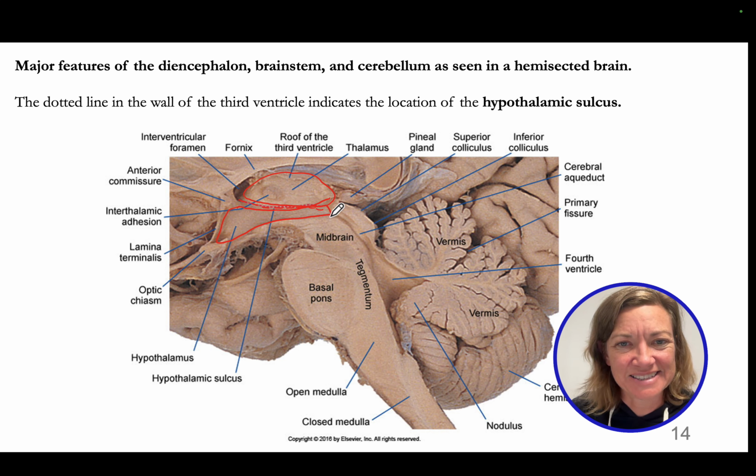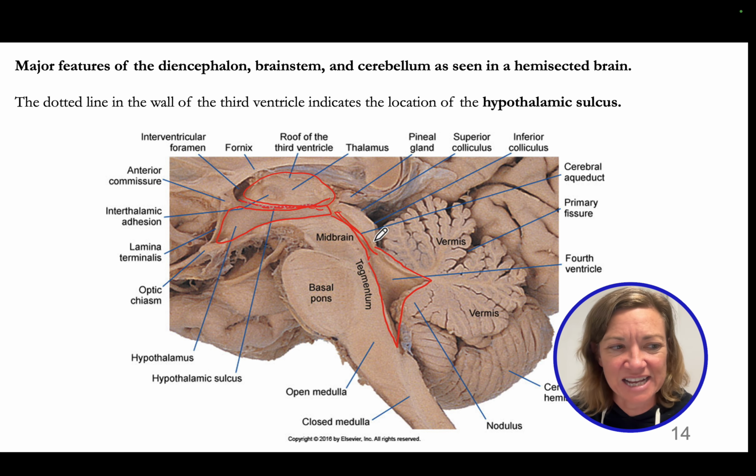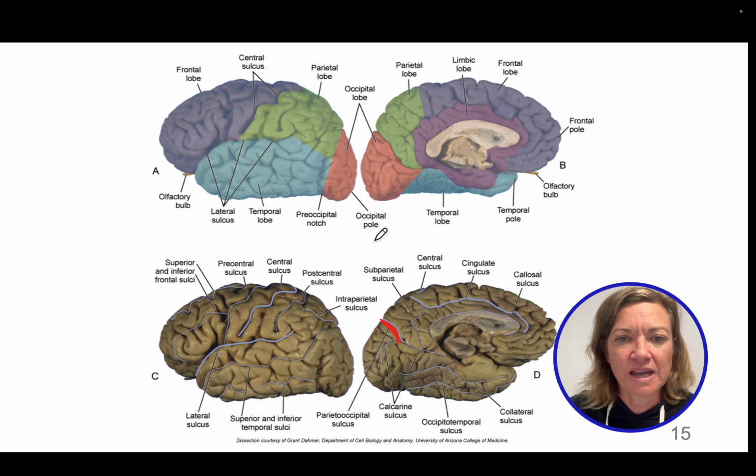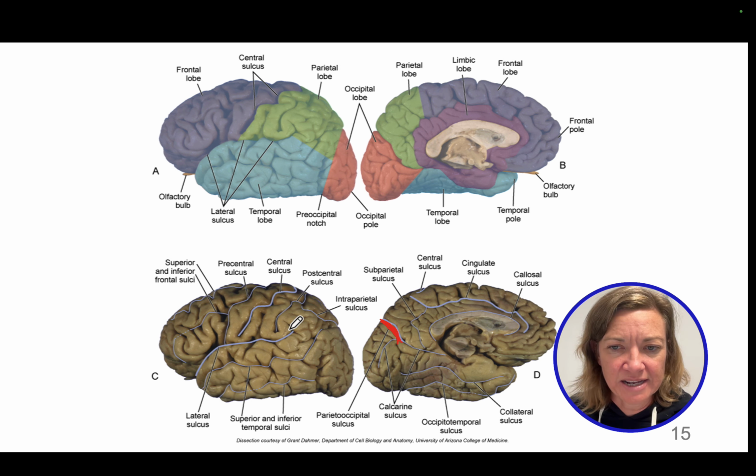This is a nice section because it shows the thin third ventricle and then the little cerebral aqueduct, opening into the beautiful triangle of the fourth ventricle. It's a beautiful mid-sagittal section. And we talked about the parieto-occipital sulcus. There are all sorts of other named sulci and gyri on the surface of the brain.